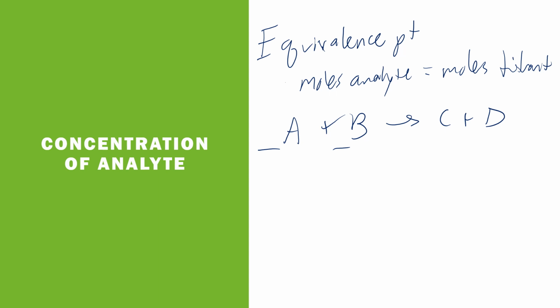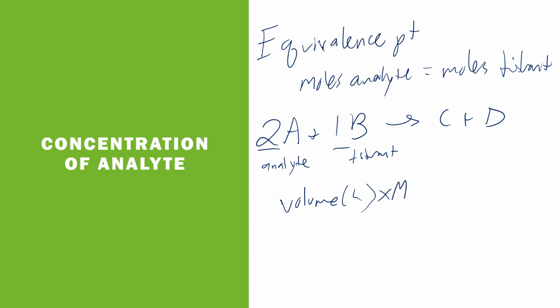Okay, so let's say it takes 2 of A to react with every 1 of B. What you would do if this is your analyte and this is your titrant, you would take the volume that it took from your burette at equivalence point and convert that to liters and times the molarity of the titrant.